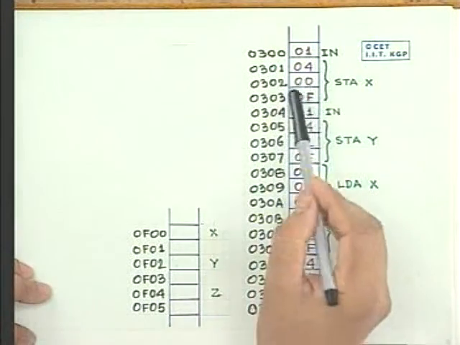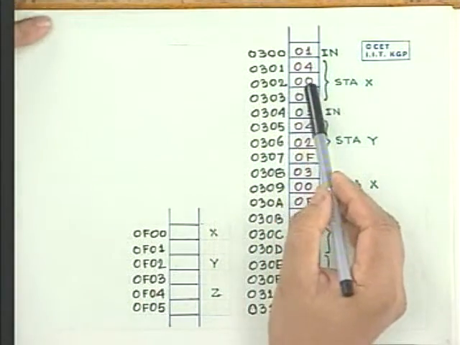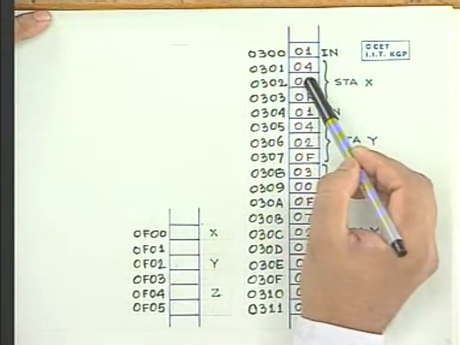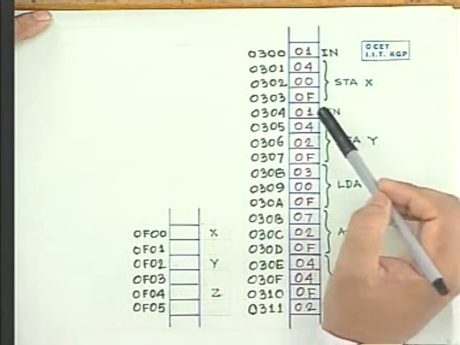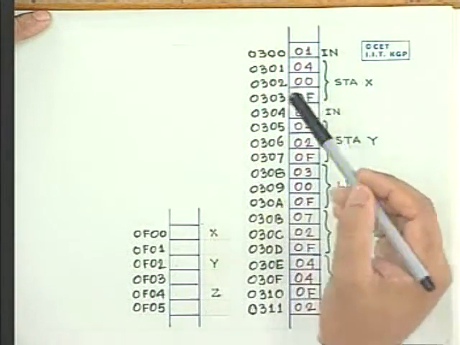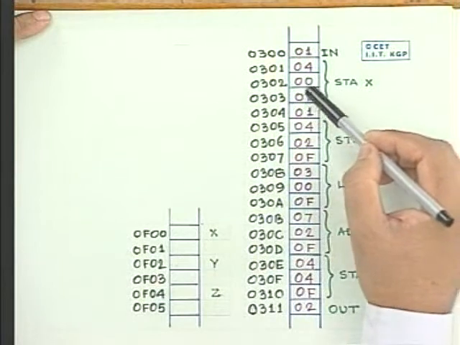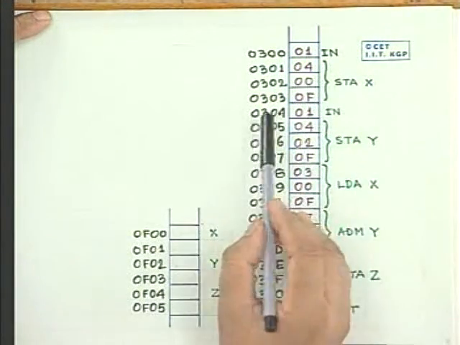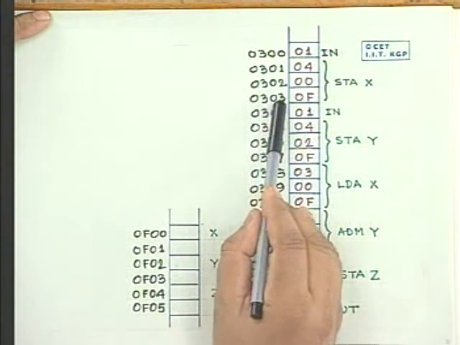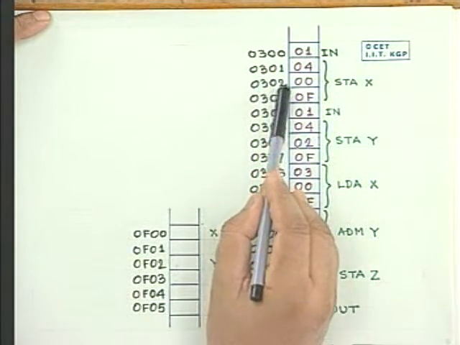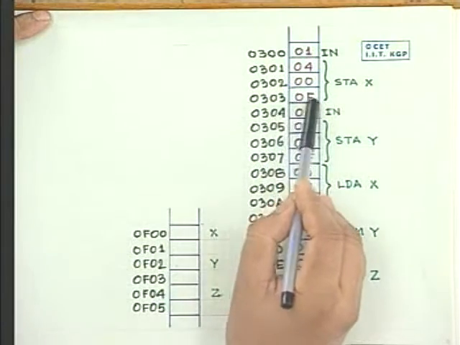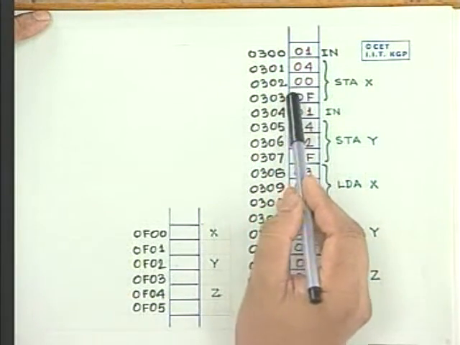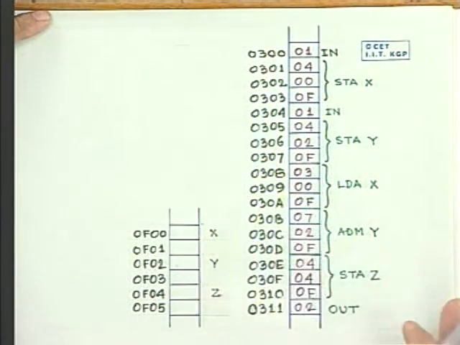By one word I mean 2 bytes taken together, that means 16 bits. For example, if you want, then this 0F00, which is in the locations 0303 and 0302, these two taken together, this one word can also be taken out of the memory.